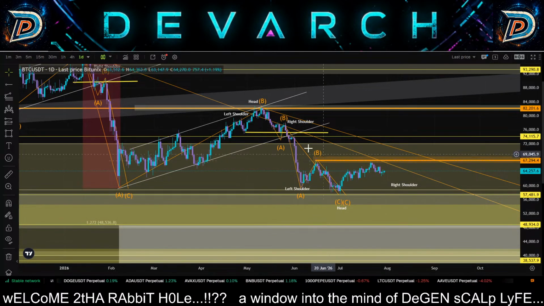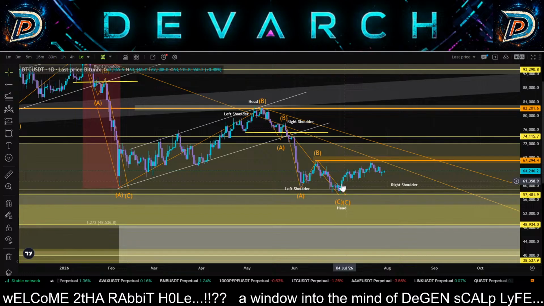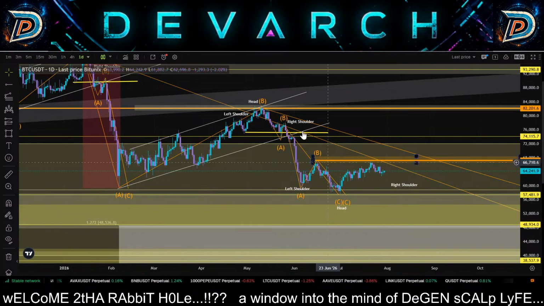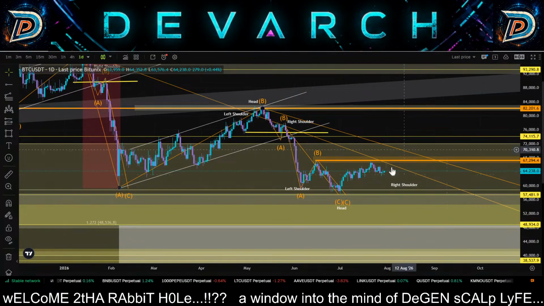Because, why? Because this B wave top has not broke yet. This B wave top here at 67,300 needs to officially break for the structure to change. And what that structure change means is it's going from a corrective wave into breaking into an impulse wave.